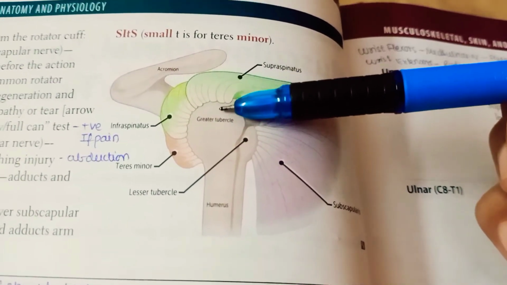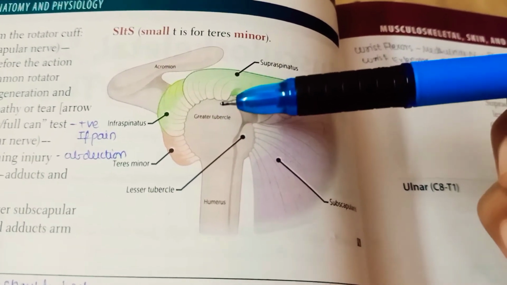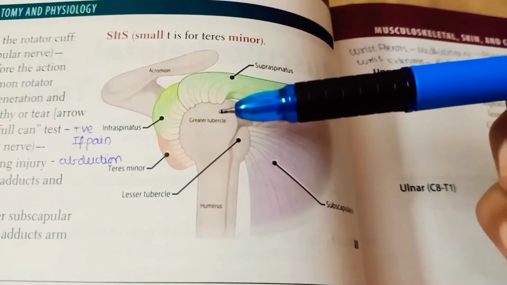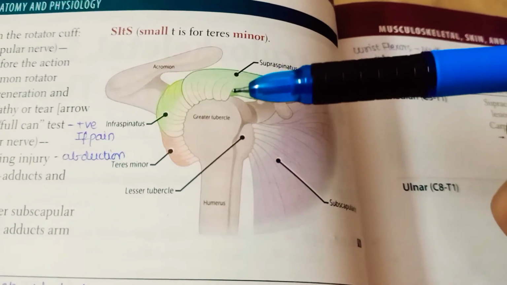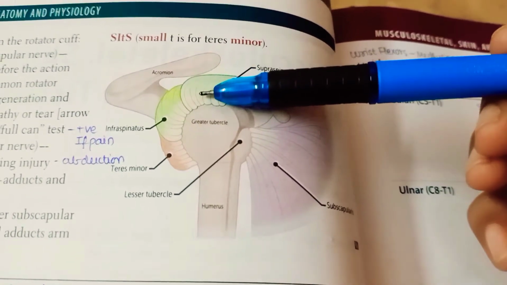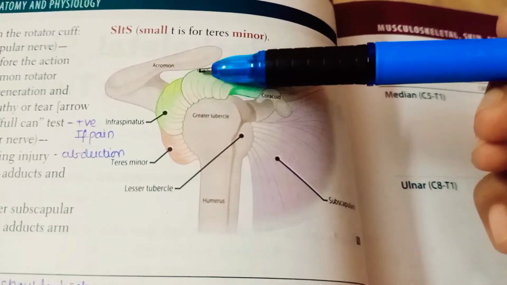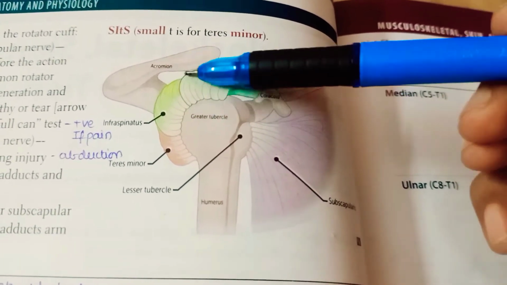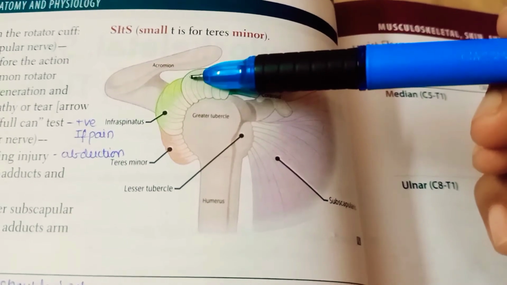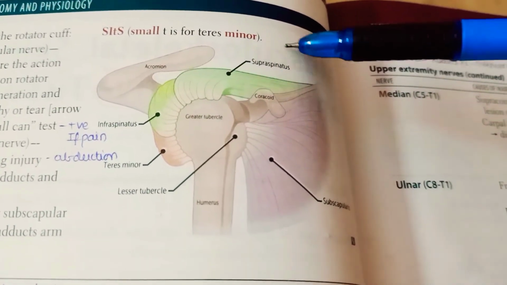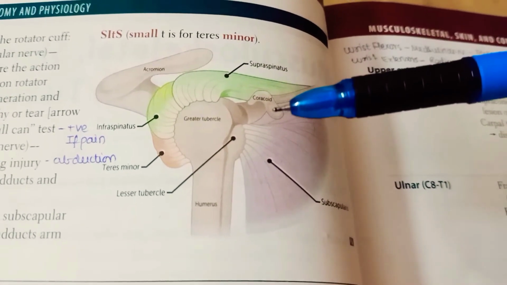So whenever there is any pressure, especially in swimmers and throwers who use their hand a lot, there's a chance of compression, or you can say pinchment, of the supraspinatus muscle between the acromion and humerus. The place below the acromion is called the subacromial space, and in this space you have more chance of rupture of the supraspinatus muscle.